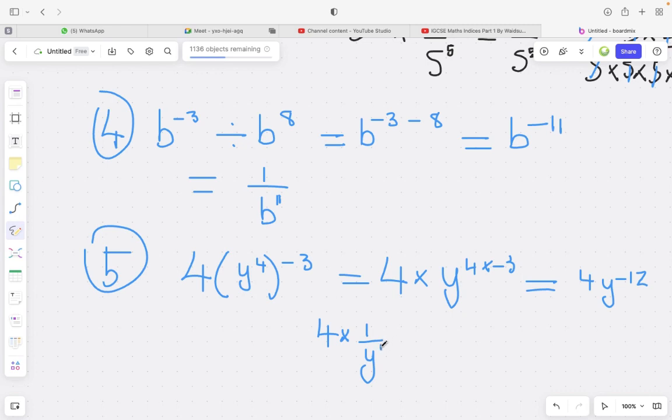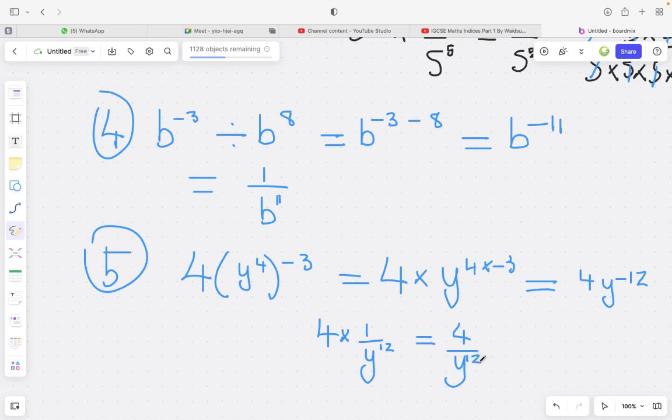So 4 times 1 becomes 4 in the numerator, and then the denominator is y to the power of 12.